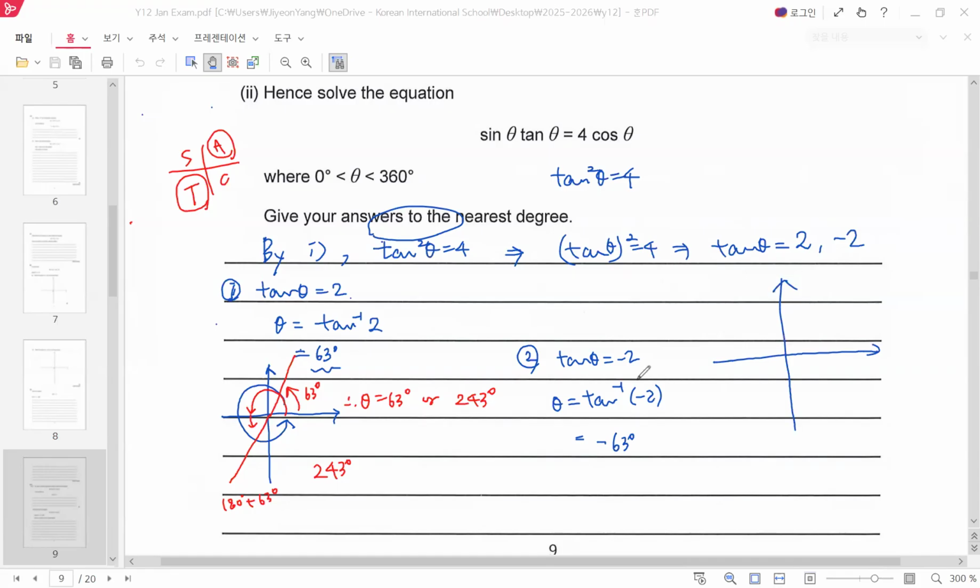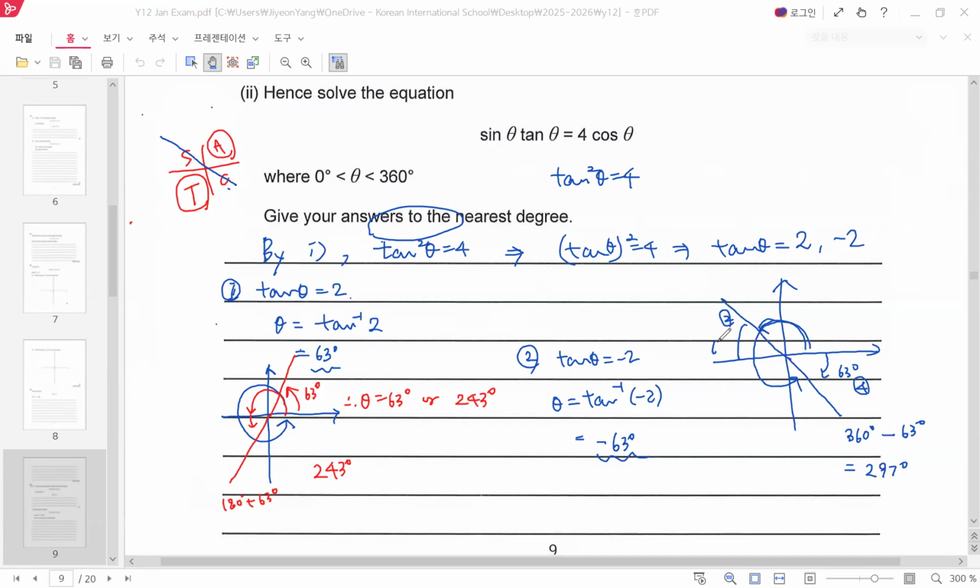Since the value of tangent is negative, it means the second and the fourth quadrant. So negative 63 degrees is here. If you calculate the fourth quadrant, it's going to be 360 degrees minus 63 degrees. Do you understand? It's 297.